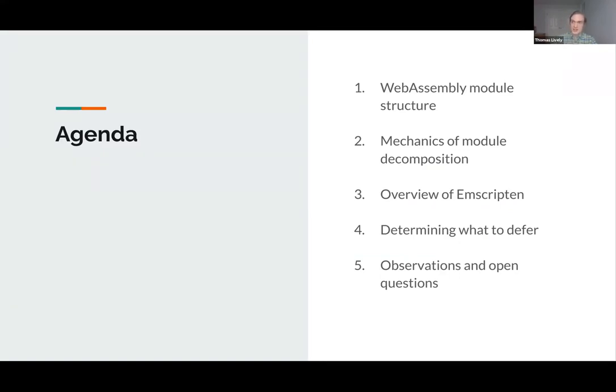Given that you know how you want to decompose it, what mechanically do you do to make that happen? Then we want to put this in the real Emscripten toolchain. So I'll give an overview of Emscripten to contextualize this and show how this functionality can fit into the existing tool chain. And then I'll talk a little bit about the policy of determining what to defer.